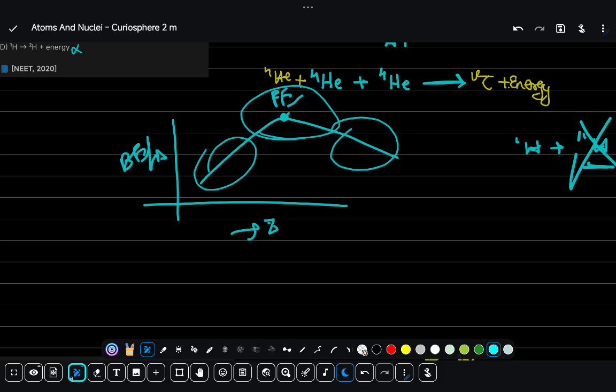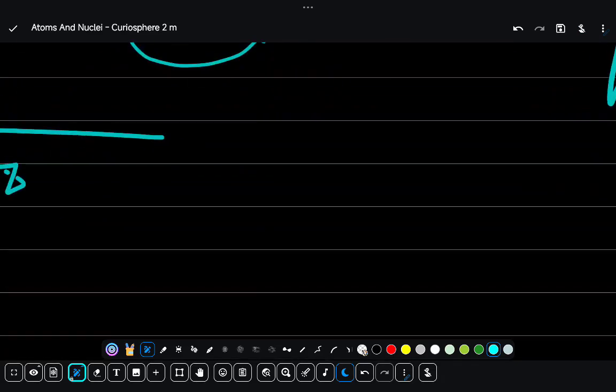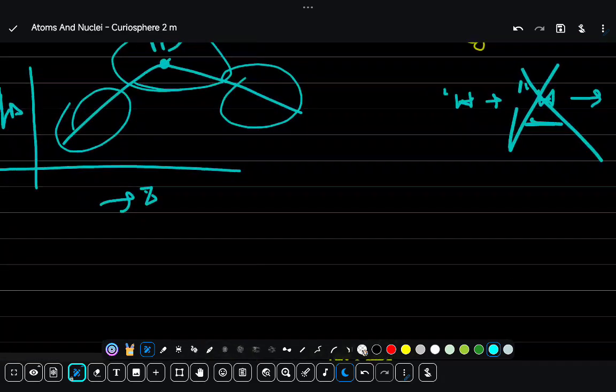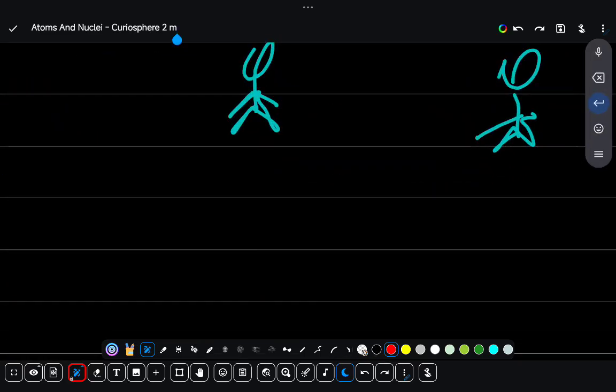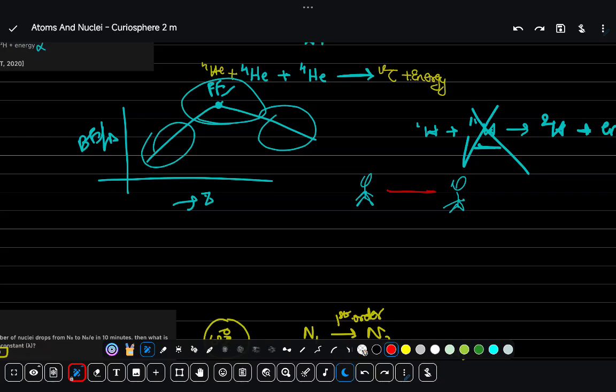So let us say both forces are almost equal, the binding energy and the repulsive forces, so they hold very tightly. Imagine two persons pulling a rope from each side, person A here and person B here, with the same force F and F. Then the rope stays still.